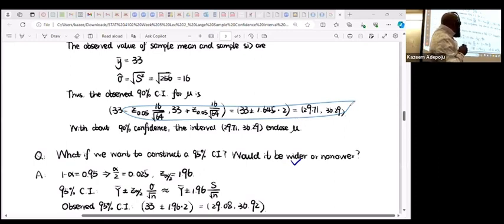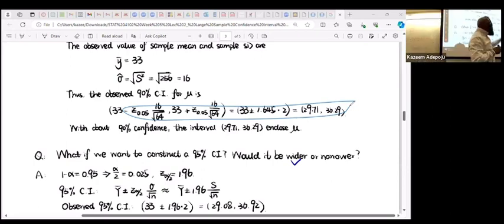And at the end of the day, if we want to make a conclusion, we're going to say with about 90% confidence, the interval that we enclose mu, which means we believe the true value of the parameter lies between 29.71 and 36.29. Does that make sense?